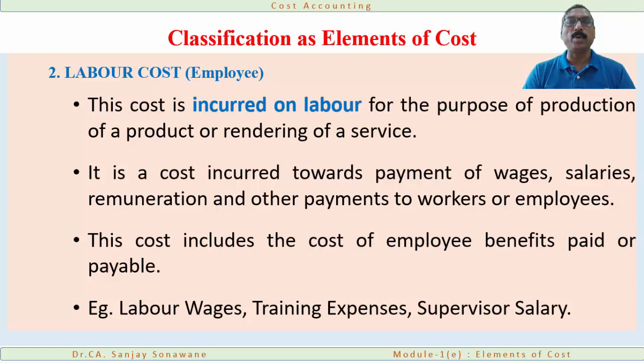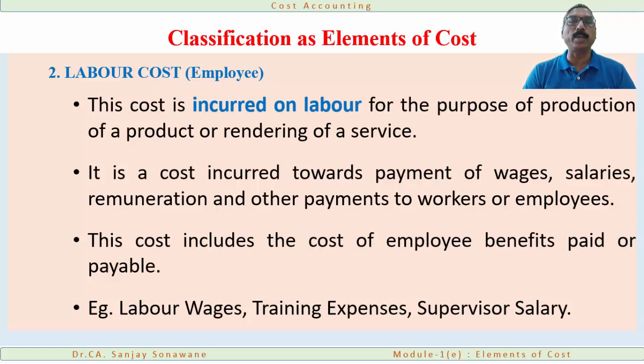So whatever amount you pay to the workers is a labor cost by whatever name called, whether wages, salary, remuneration or incentives. Next one: this cost includes the cost of employees' benefit paid or payable. So not only payments directly made to employees, but any expenses incurred on employees for their benefit are also treated as labor cost.